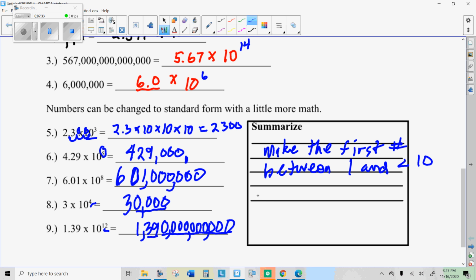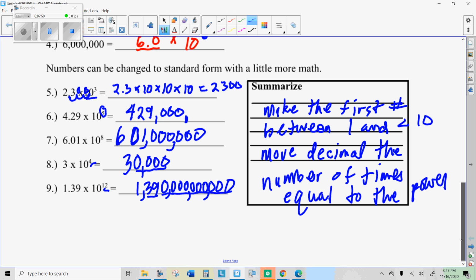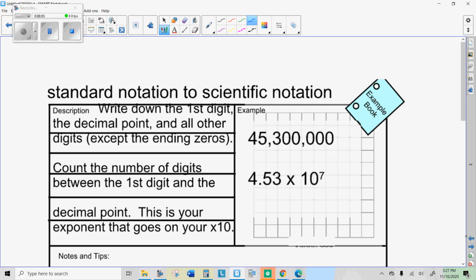And then you're going to move the decimal the number of times that the power is. Equal to the power. Sometimes you'll have to fill in zeros because you'll move it past the last digit, like that.